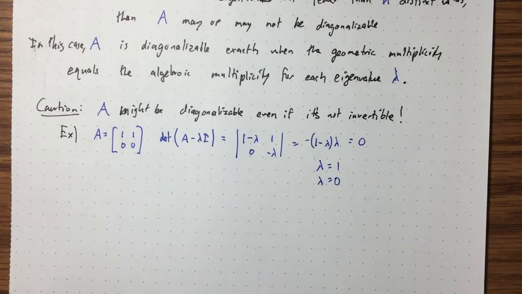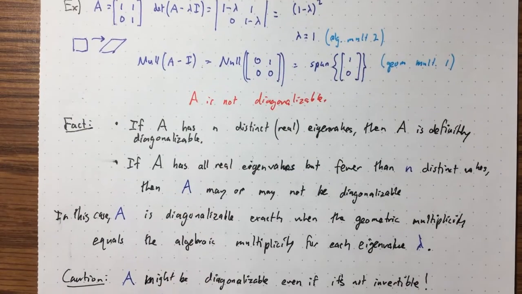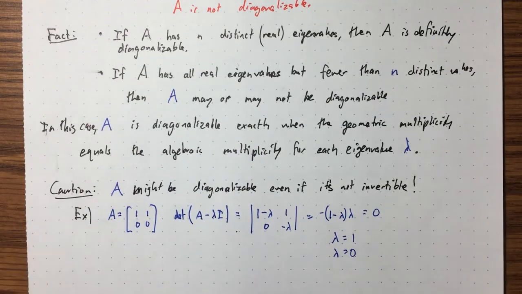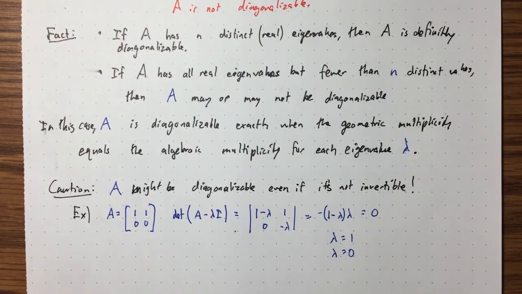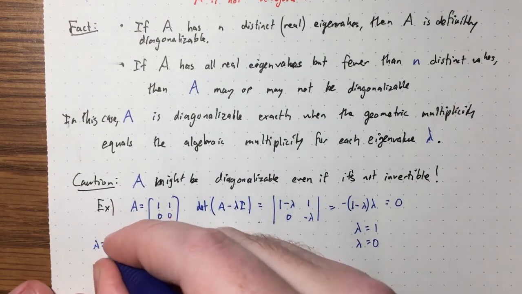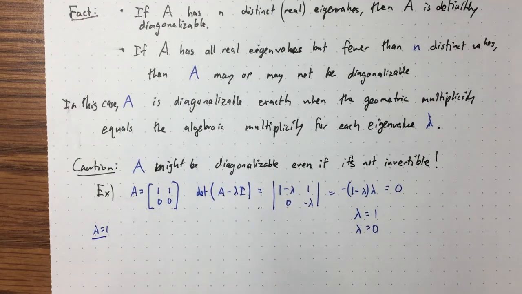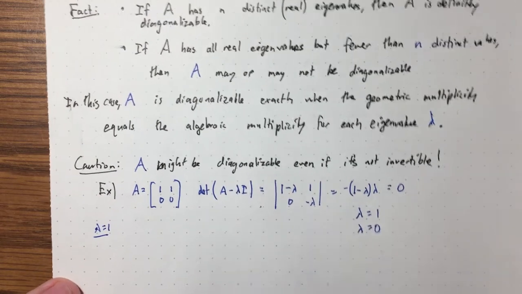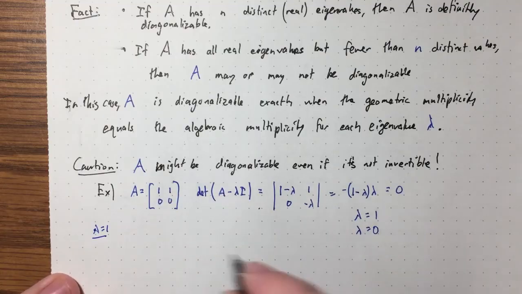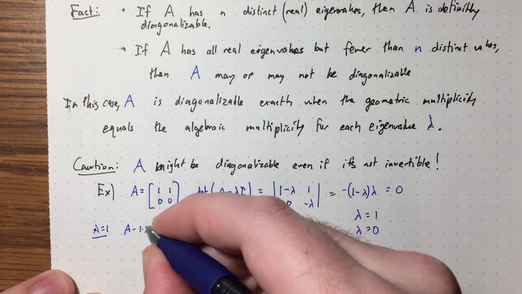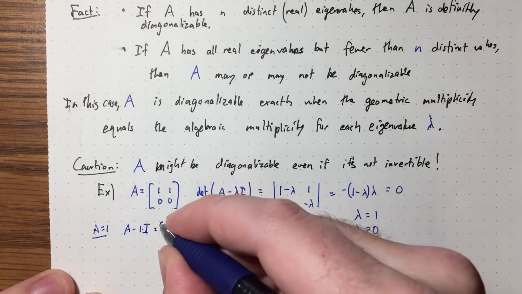Well, wait a second. I have two distinct real eigenvalues. So I'm done. A is diagonalizable. Are you convinced? If you're not convinced, here's how we can be convinced. Let's actually diagonalize A. So lambda equals 1. I need to get an eigenvector. So A minus 1 times I is what matrix?